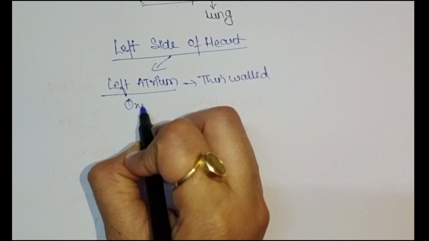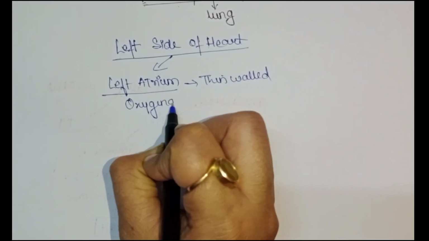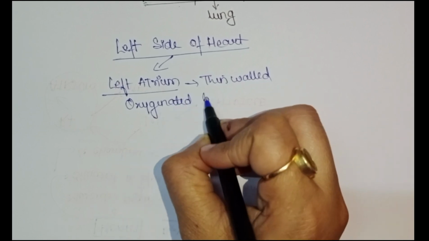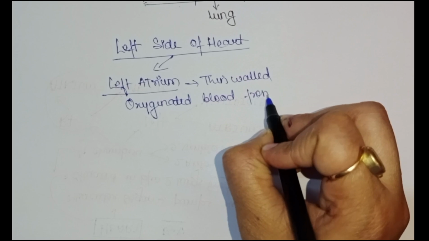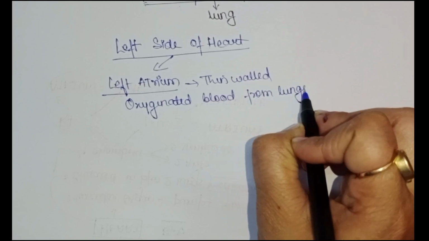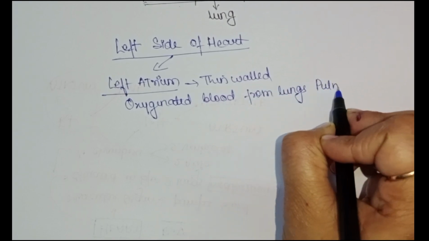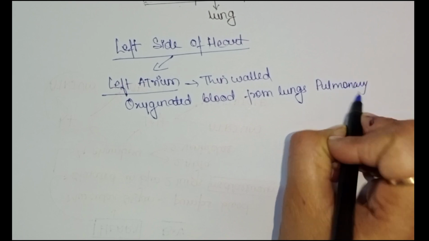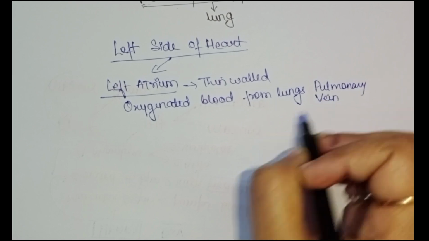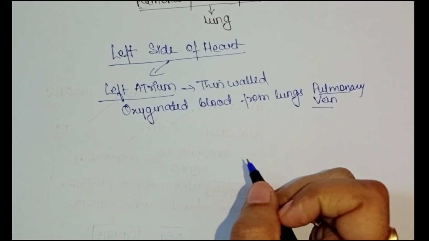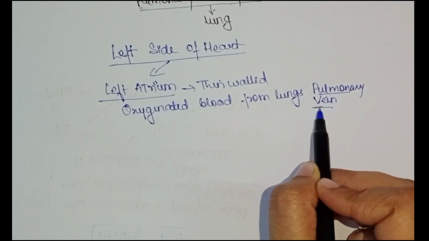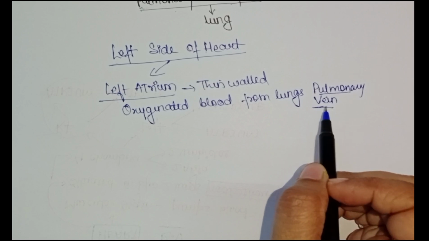It receives the oxygenated blood from the lungs through the pulmonary vein. The pulmonary vein is the only exception in the body where arterial or oxygenated blood is carried by a vein.